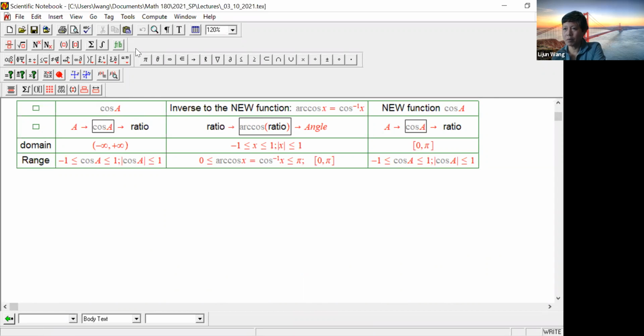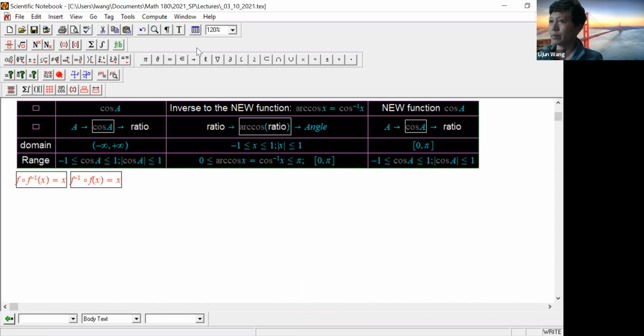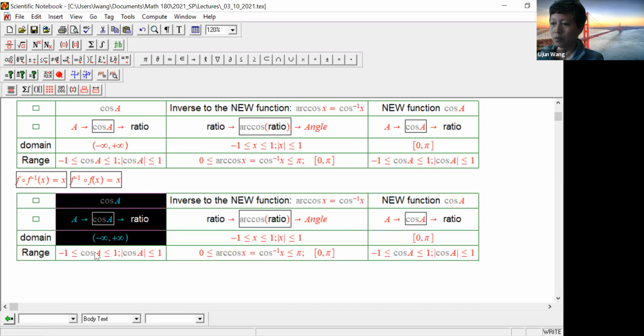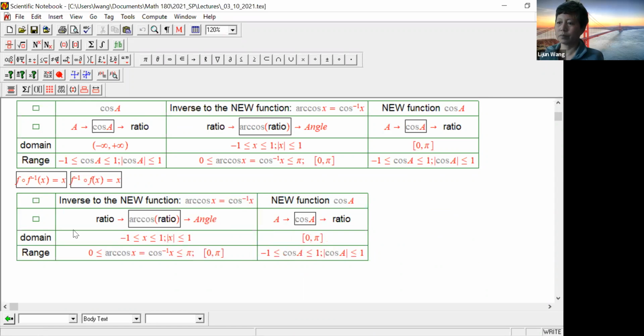The same property applies to what? To these two functions. Okay, remove that one. These two are inverse to each other.